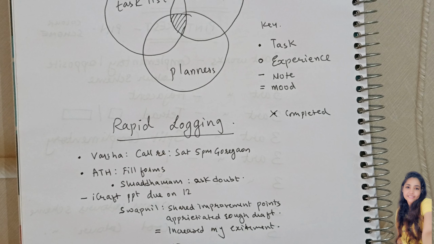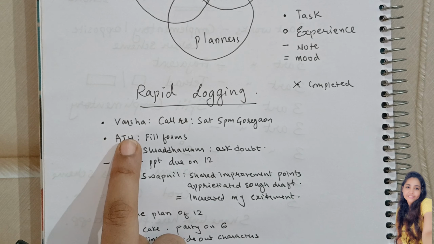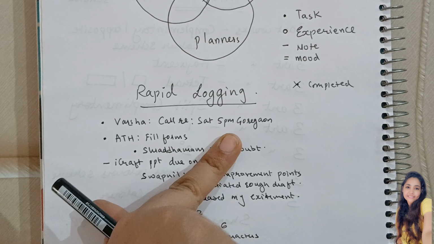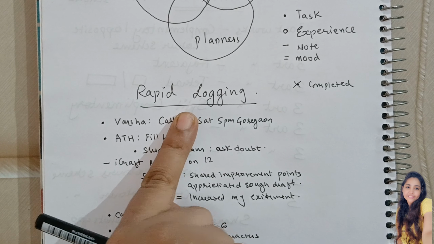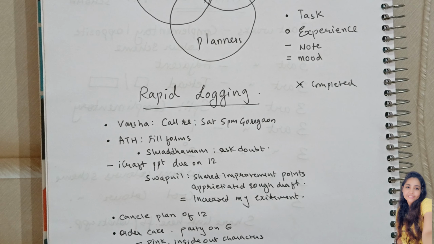Let's say for some reason I have not completed the task. Alright, so what will I do? I will think about why I have not completed that task. So let's say I tried calling Varsha, but she didn't pick up. So I will call her again tomorrow. So what did I do? I forwarded my task.